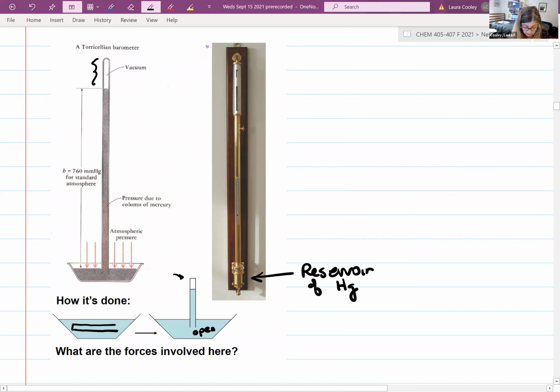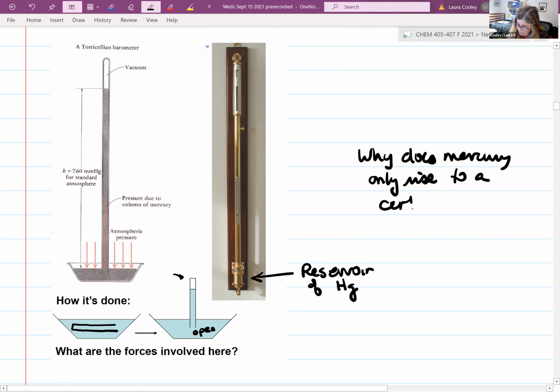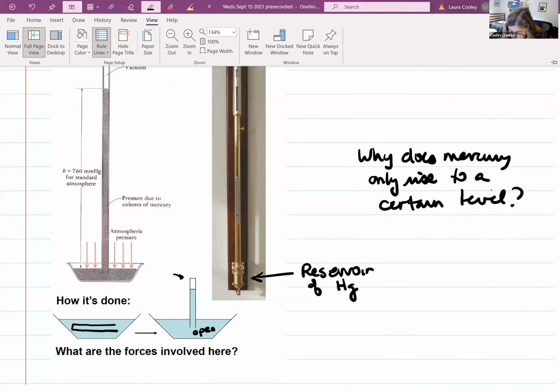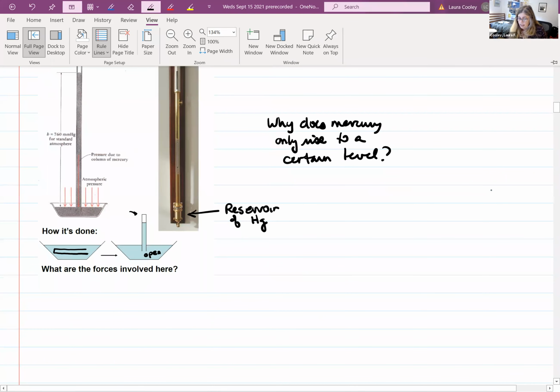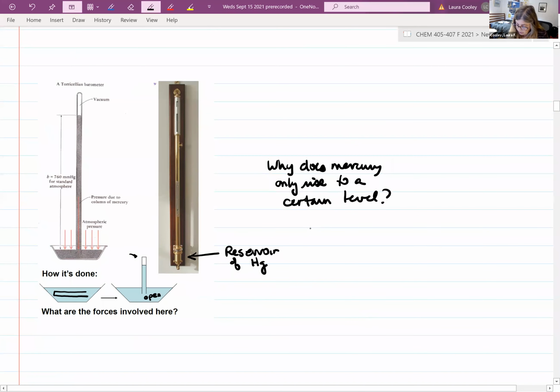The mercury would go part way up. Okay. So the question is, why does the mercury only rise to a certain level? Why doesn't it completely fill it? Or why does it go up at all? Why does it only rise to a certain level?